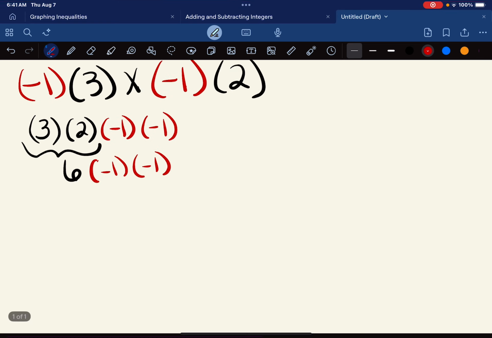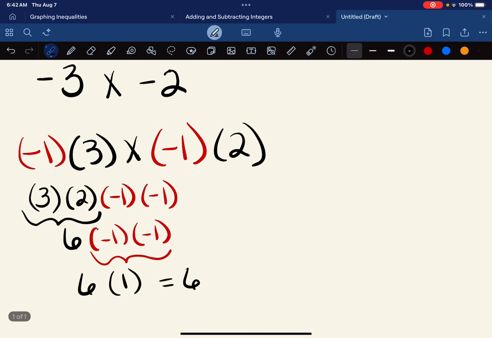So essentially, if I multiply by -1 twice, they're basically negating each other or canceling each other out. We're moving to the left in the negative direction, but then we're moving right back in the positive direction because multiplying by a -1 just means turn around and go in the opposite direction. So essentially, this is just like multiplying by a +1. So this is like saying 6 times 1, which of course is just 6.